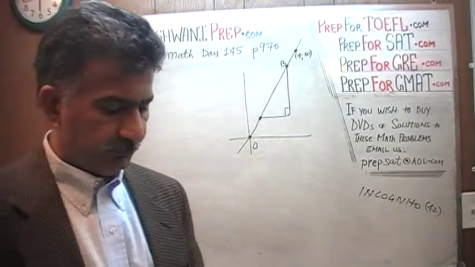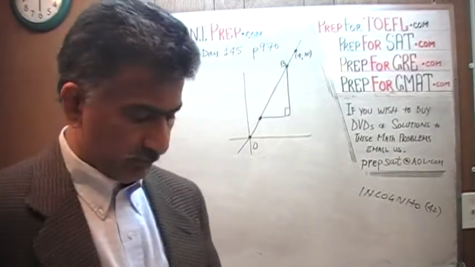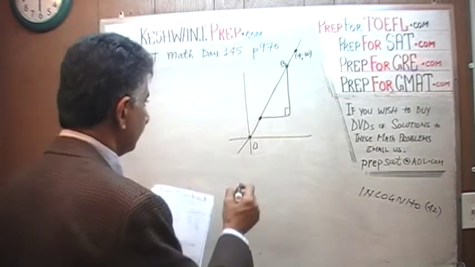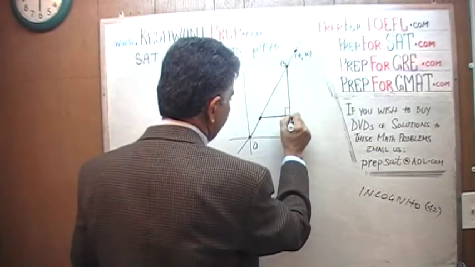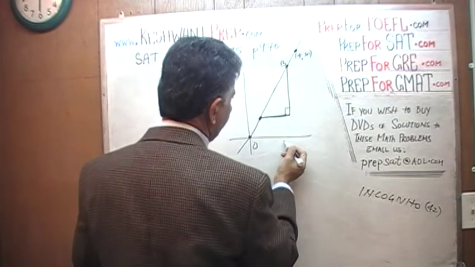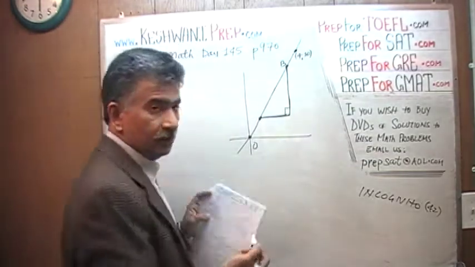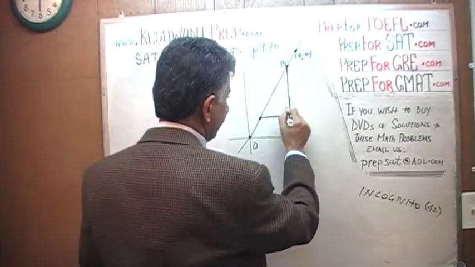And the question simply is, in the picture that is given to us, if the legs of the triangle ABC are parallel to the axis, in other words, this leg is parallel to the x-axis, and this leg here is parallel to the y-axis, which of course it is because it makes a 90-degree angle.